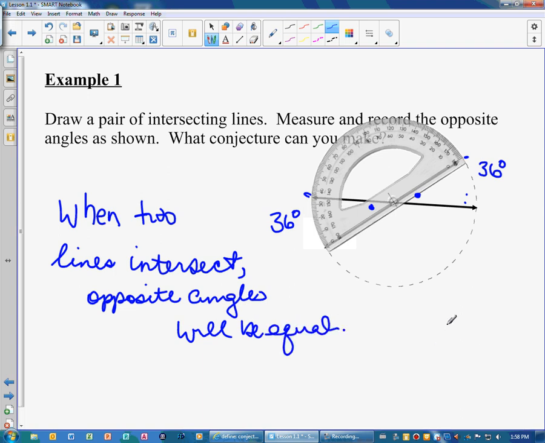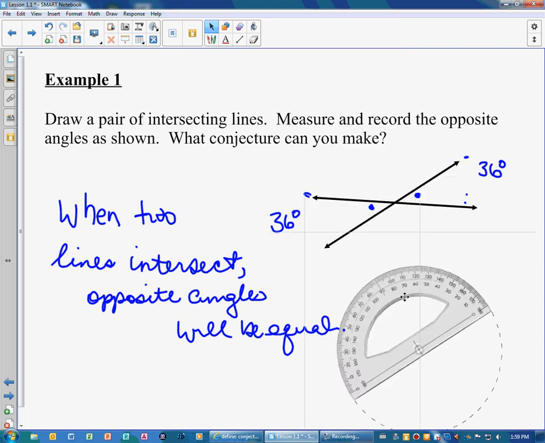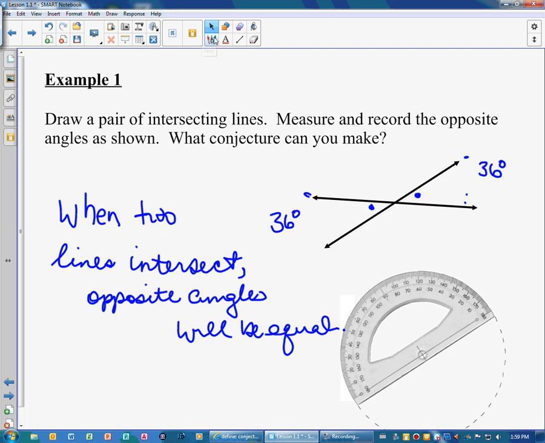I did it a few chapters before, but that's the conjecture. So when two lines intersect, opposite angles could be equal. Okay? So easy peasy. You just look at the evidence you see, and based on the evidence, come to a conclusion. That's what a conjecture is. If I wanted to support it, I could measure these two angles. I could start over, and I could see if this opposite angle equaled this angle. I could start all over and do that as well to support my conjecture.